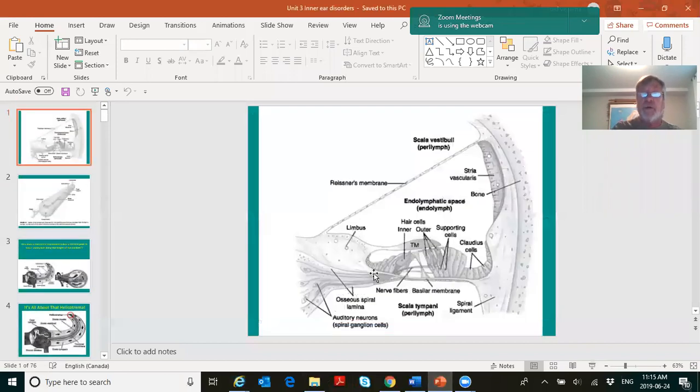Here, Reissner's membrane, separating scala media from scala vestibuli. In Mondini syndrome, this membrane is abnormally thin. And if the child bangs his head, or if the child is exposed to a lot of noise, this membrane may rupture. And when it ruptures, perilymph mixes with endolymph.